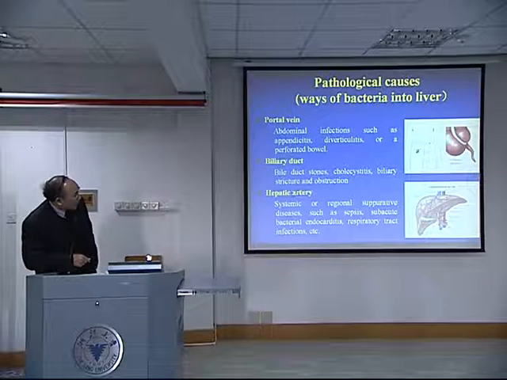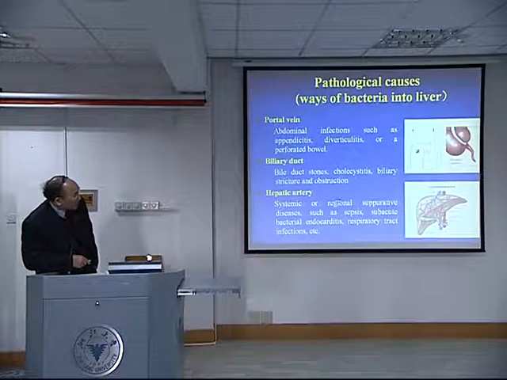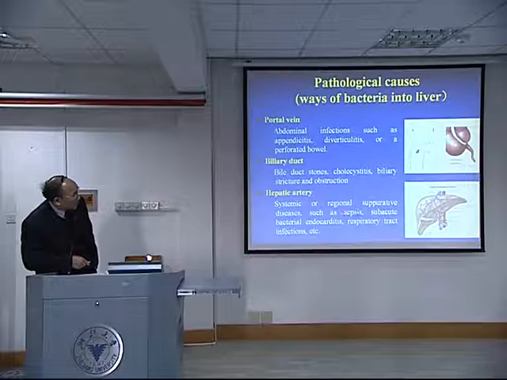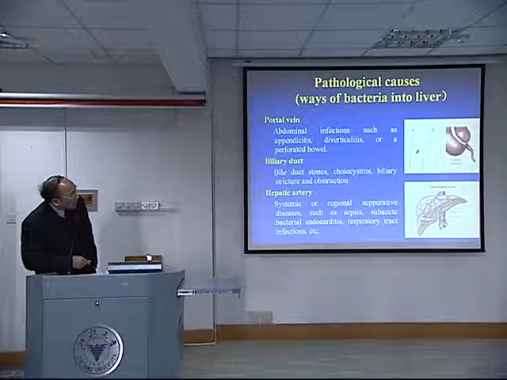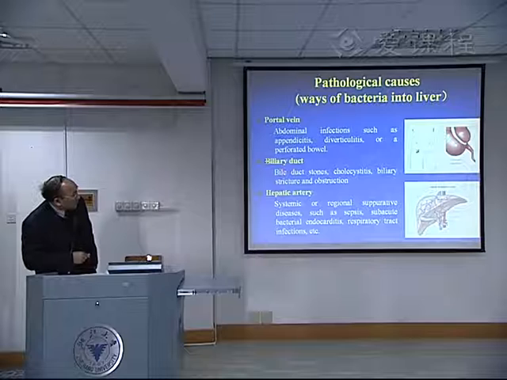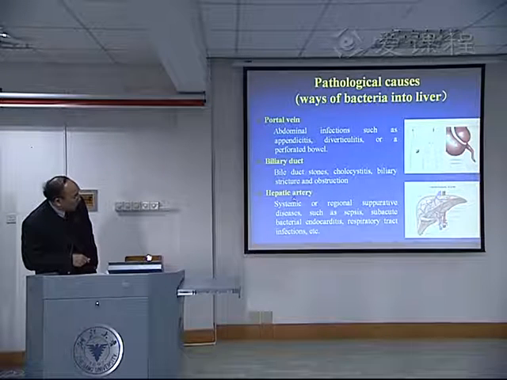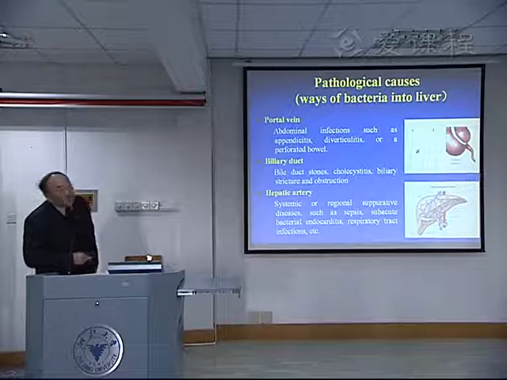Another pathway is the hepatic artery, from regional infection, for example sepsis and subacute bacterial endocarditis. So the biliary tract and hepatic artery are very common pathways for liver abscess.